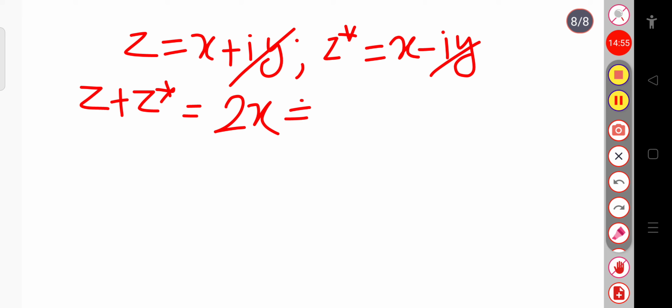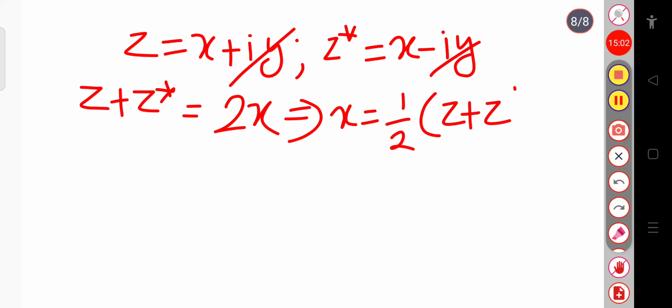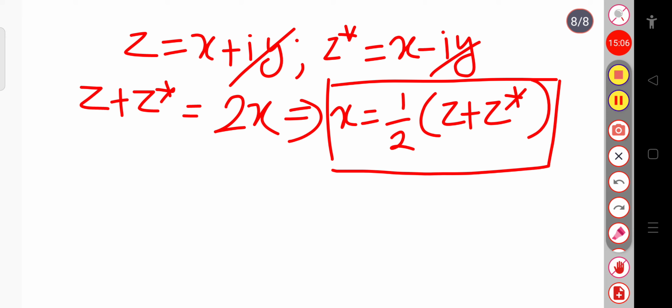That implies x will be equal to 1 by 2 of z plus z star. So this is the real part, x. So x will be equal to 1 by 2 of the sum of the complex number and the conjugate of that complex number.